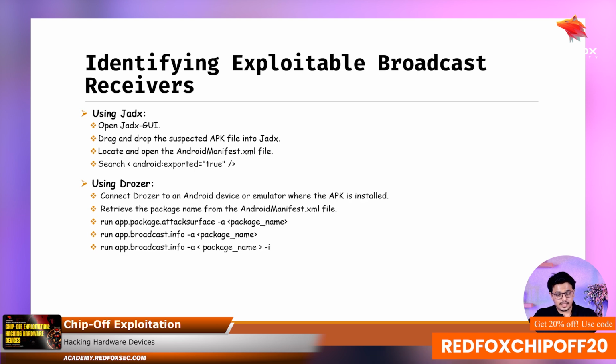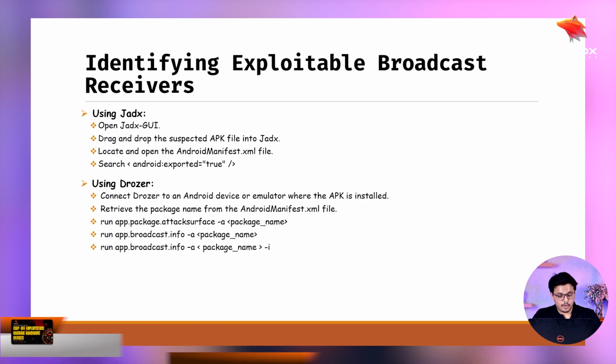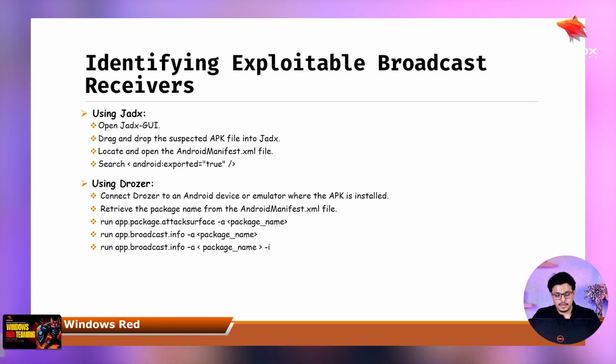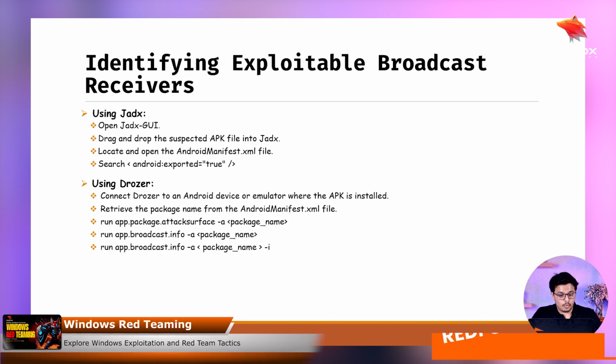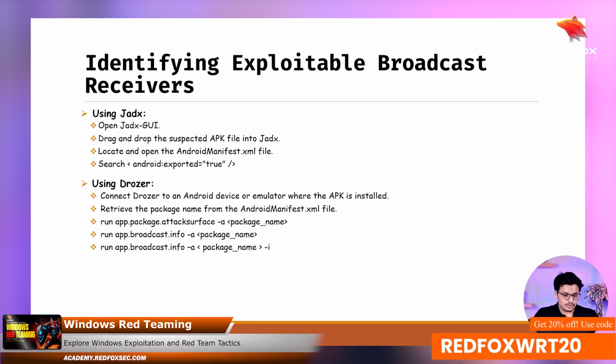And then there is another way, using Drozer itself. It will give you awesome commands through which you can identify if the broadcast receivers are vulnerable and what kind of permissions they hold. So let's move ahead and identify whether the application is vulnerable or not.